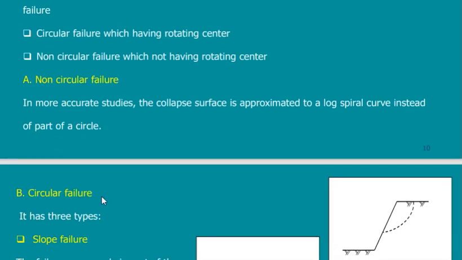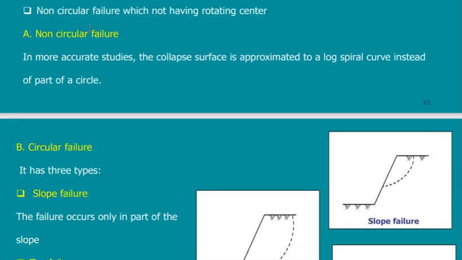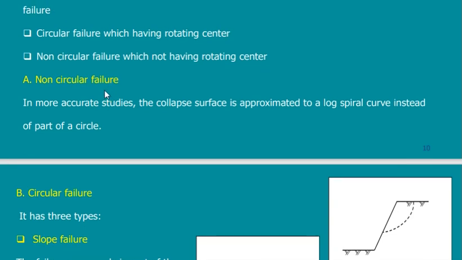In the case of non-circular failure, it is a more accurate study. In a more accurate study, the collapsed surface is approximately a long spiral curve instead of part of a circle.